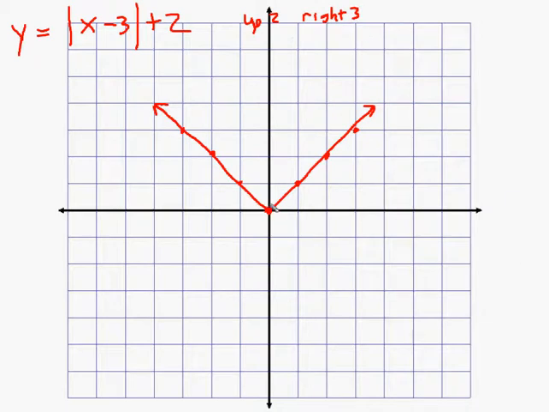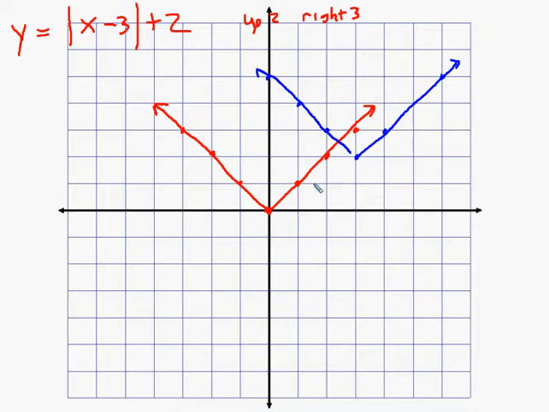So I could take all of these values, right 3 up 2, right 3 up 2, and do all of these, right 3 up 2, right 3 up 2, right 3 up 2, and connect all of those.